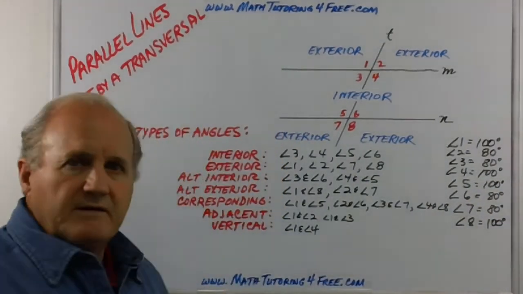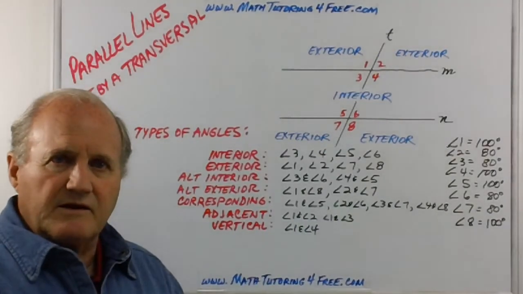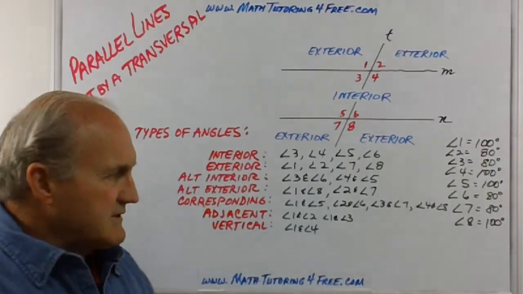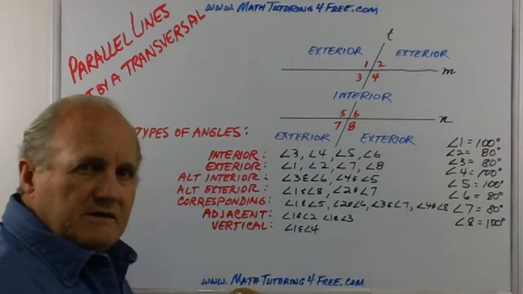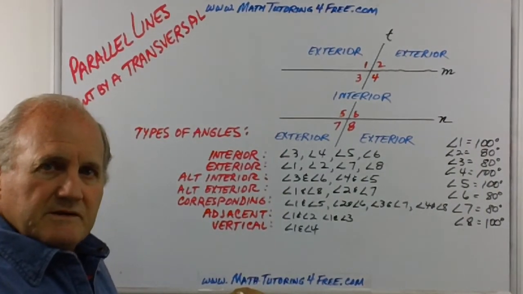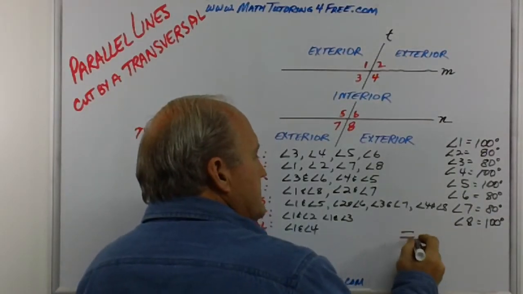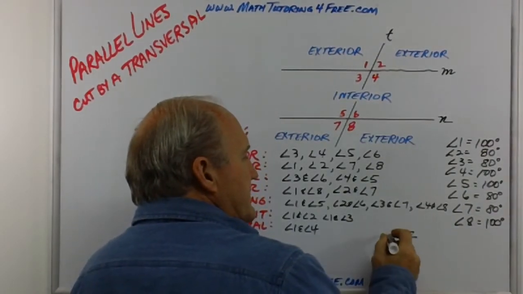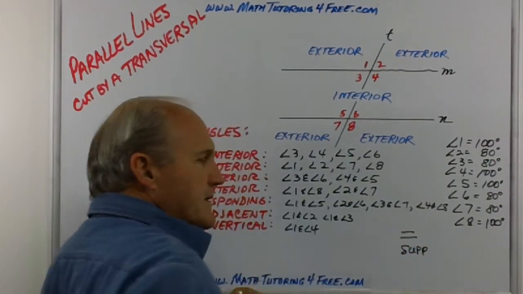Now, the key here is, again, if you know one angle, you can calculate all the others. The other thing is to recognize that, look, there are only two values to be concerned with. Two angles are either going to be equal or they're going to be supplementary, aren't they?